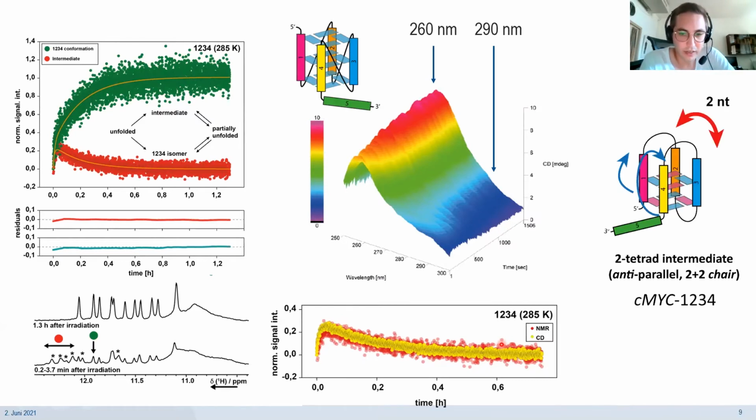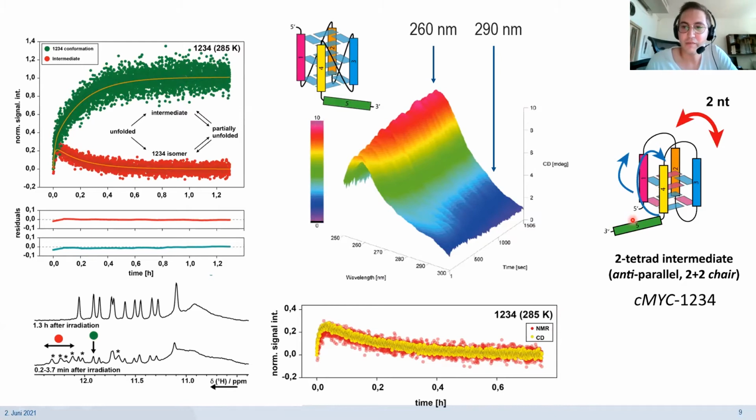Taken together, our spectroscopic data, which are in line with observations made by mass spectrometry and also with predictions from molecular dynamics simulations, let us come up with a structural model, which is pretty much represented by this half-baked G-quadruplex conformation.